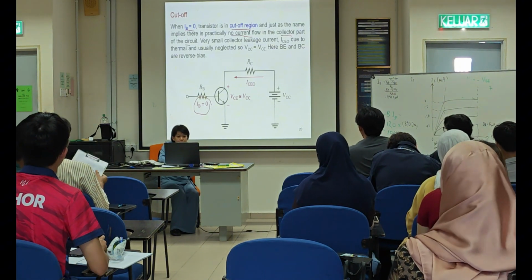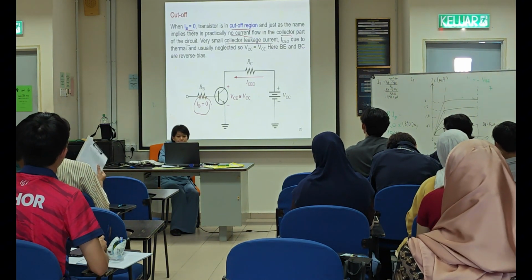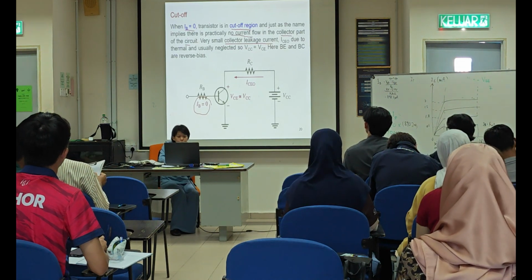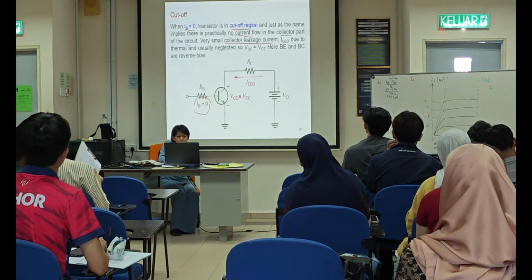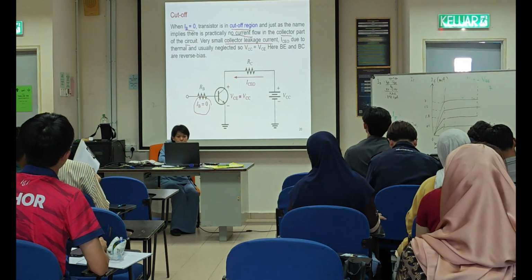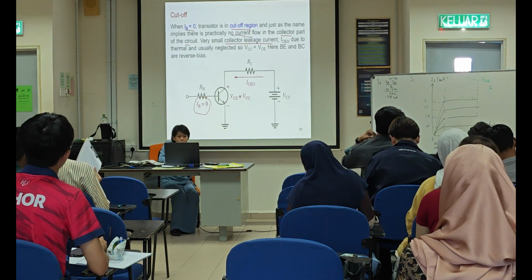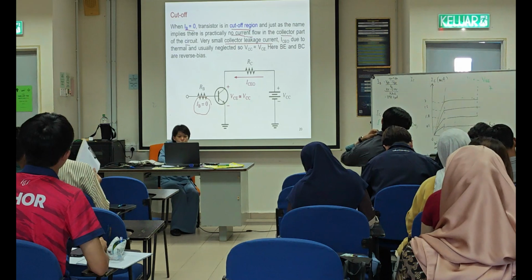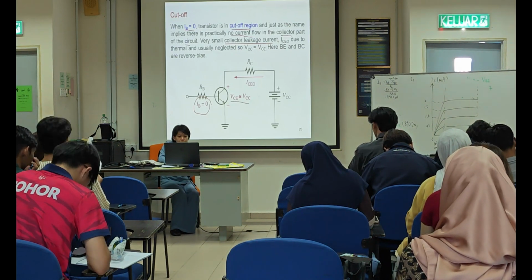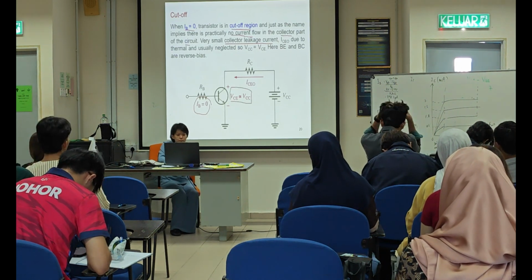The collector leakage current is ICEO. Very small, so we can assume VCE is equal to VCC.